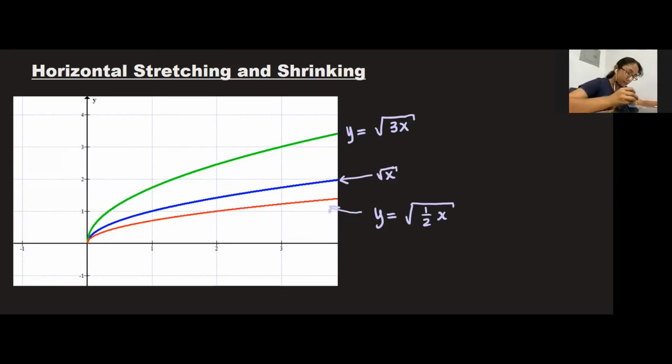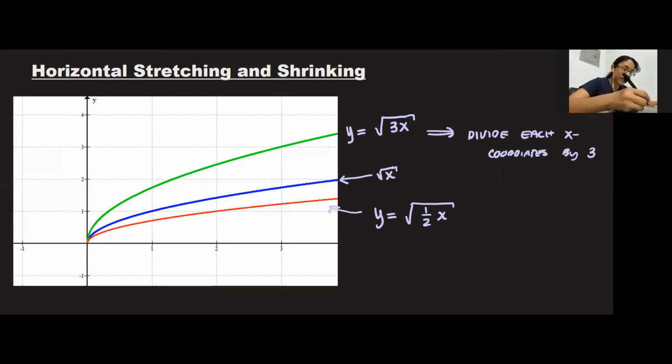So if we multiply the input value by 3, this means that we're going to divide each x value, each x coordinate, by 3.